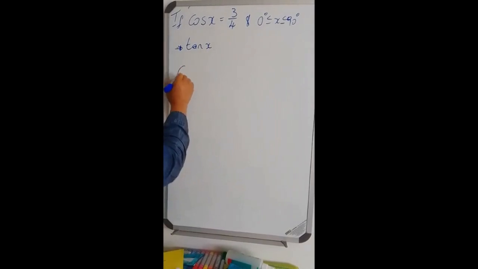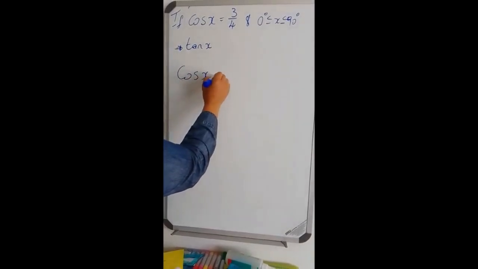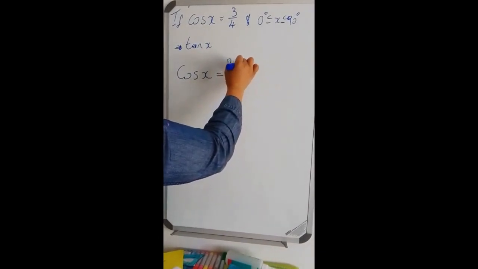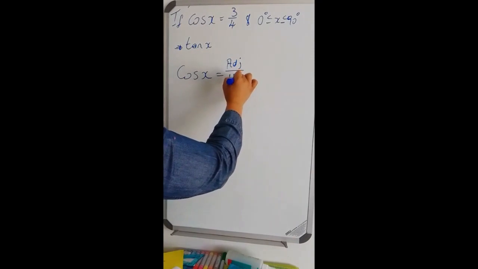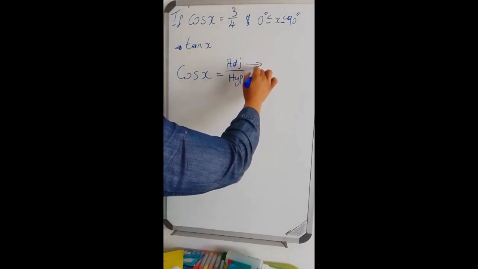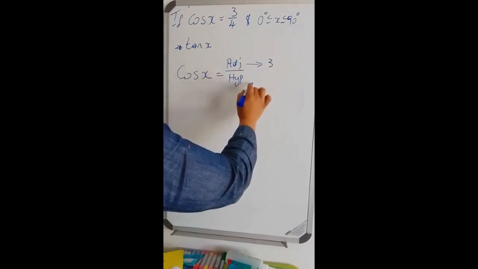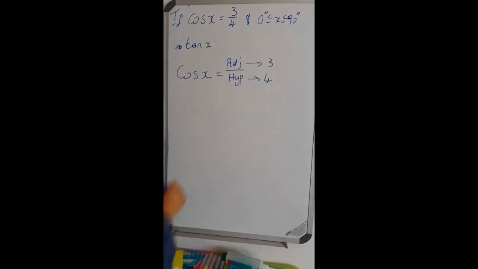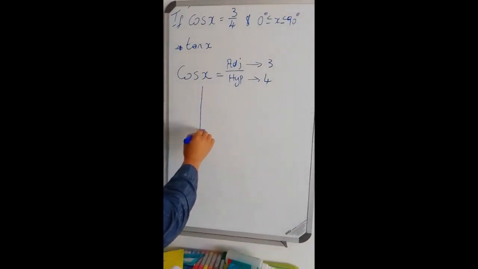We know that cos of x would be equal to the adjacent side over the hypotenuse side. So this gives us that the adjacent side has magnitude 3, while the hypotenuse side is equal to 4. So we can draw our triangle.